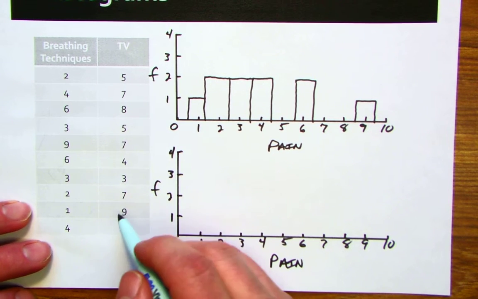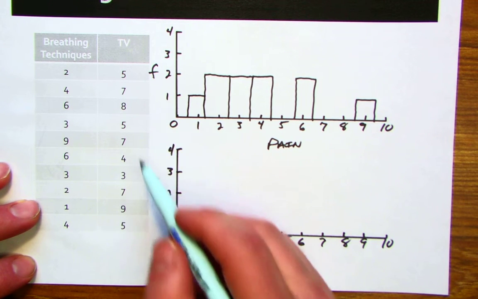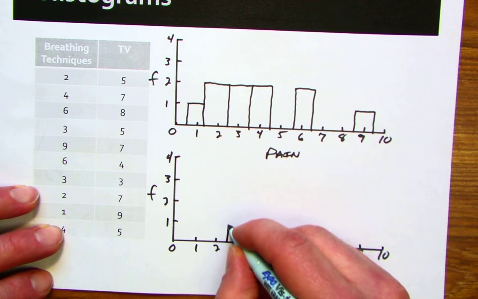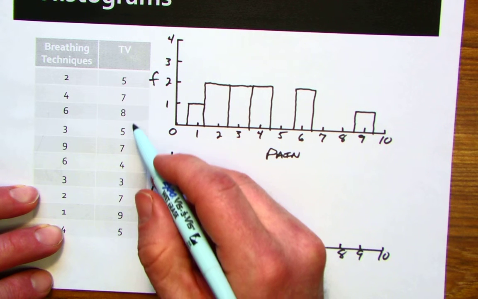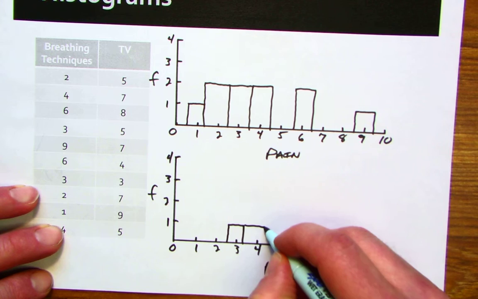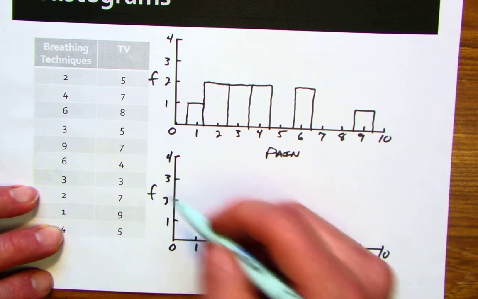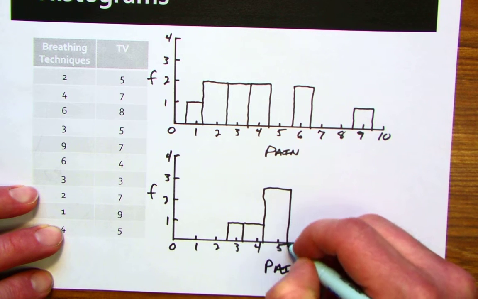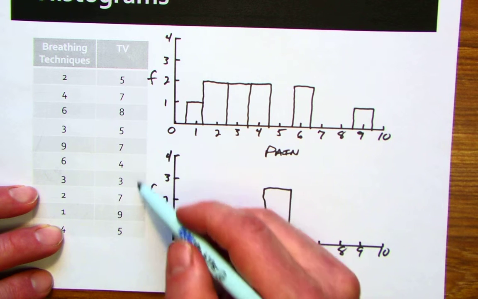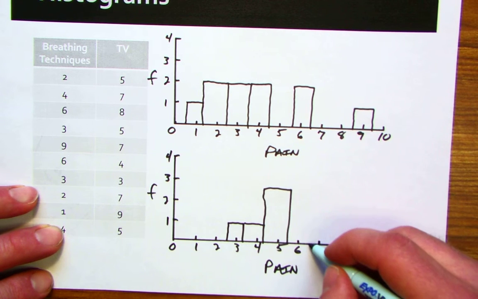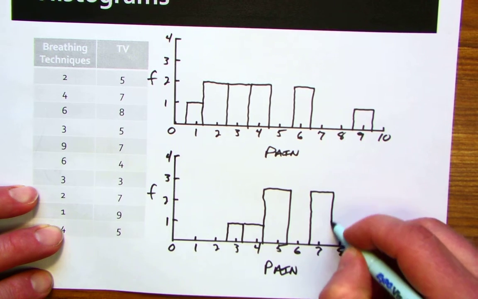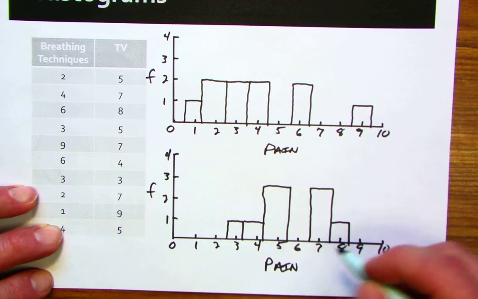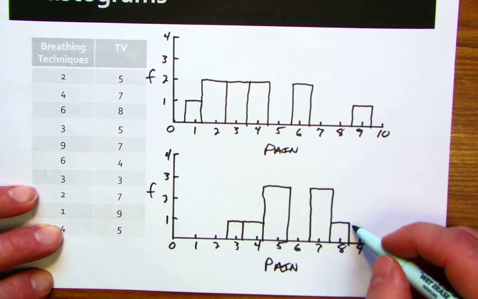So the same process as we go through. We look to see, we don't see any 1s, we don't see any 2s, we have 1 three, we have 1 four, we have 3 fives, no 6s, 3 7s, for 8 we have 1, and for 9 we have 1.